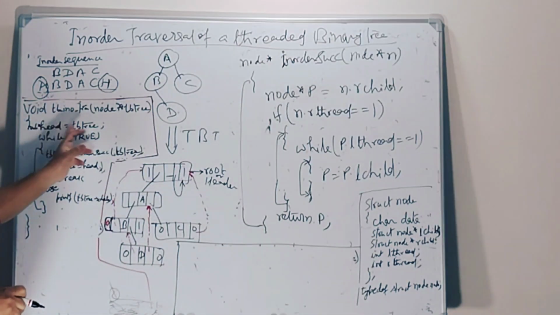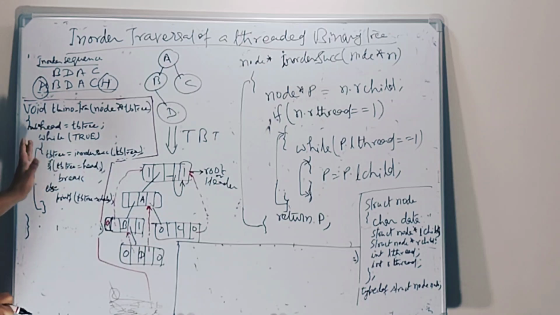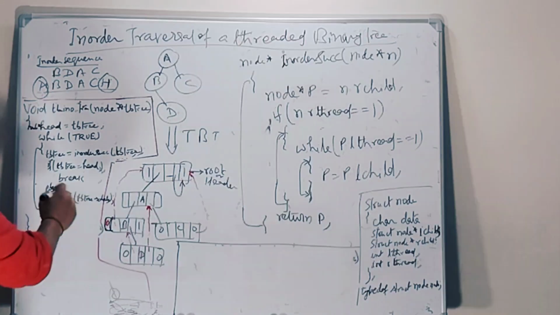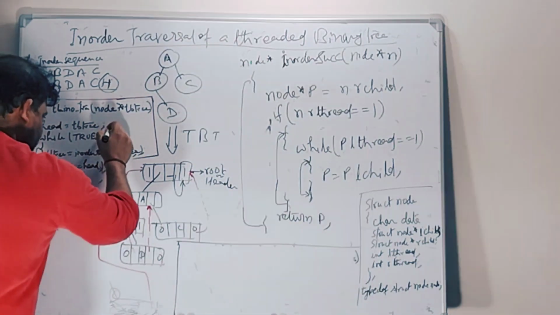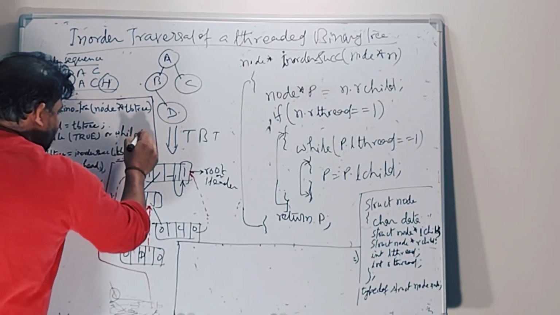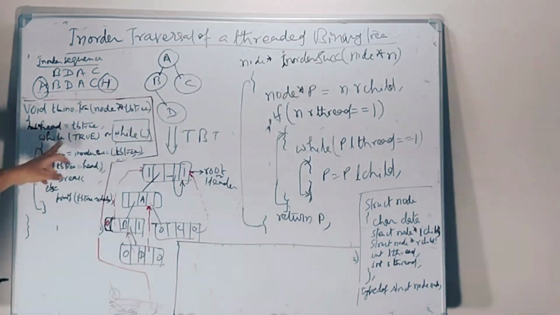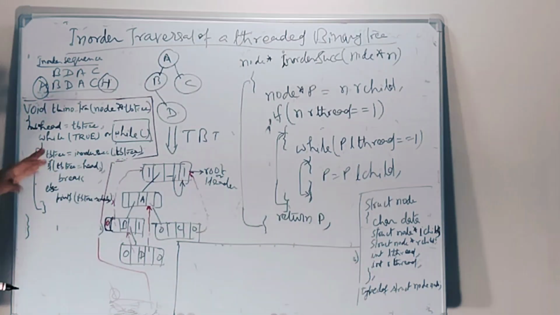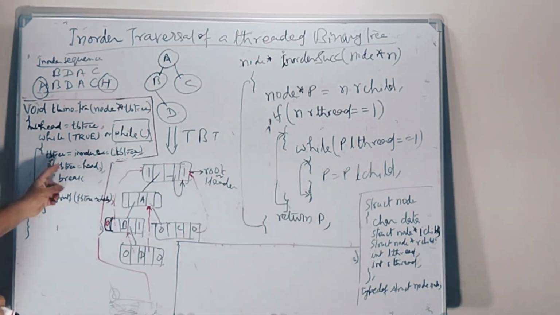Now I'll check while true. After while I have written true; you can also leave it blank, it is optional. You are free to write either, true means it will always be true.